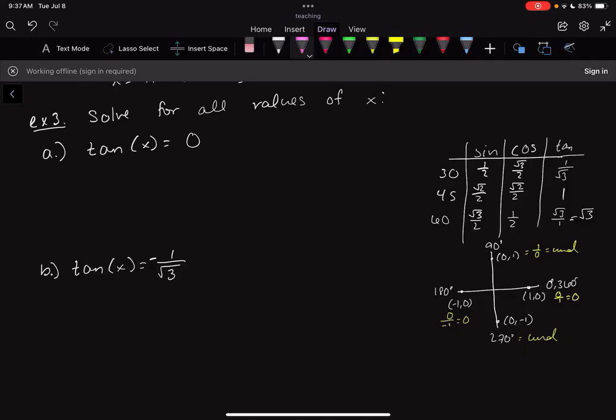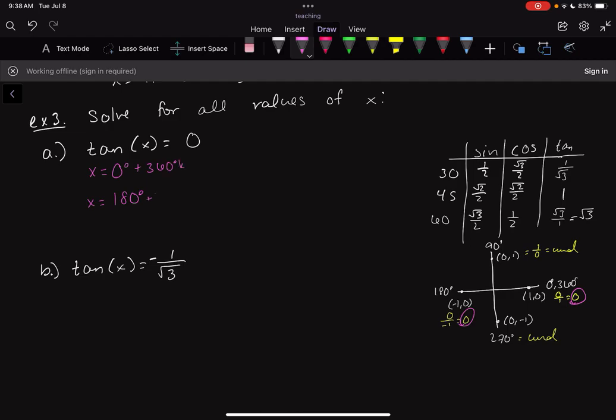So tangent equaling 0. Let's think about where that happens. That happens here and here. And I got it from doing the y over the x, which is the definition of tangent, or sine over cosine. So it happens at 0 degrees. It also happens at 180 degrees.